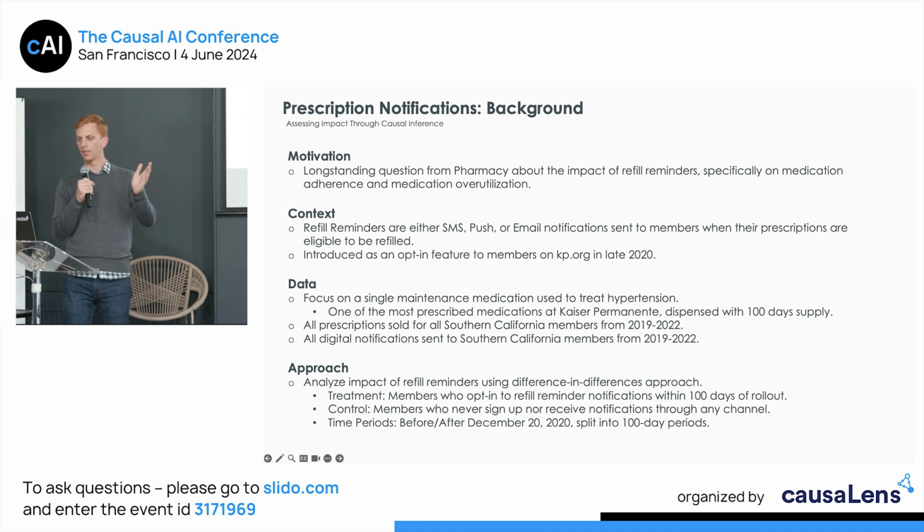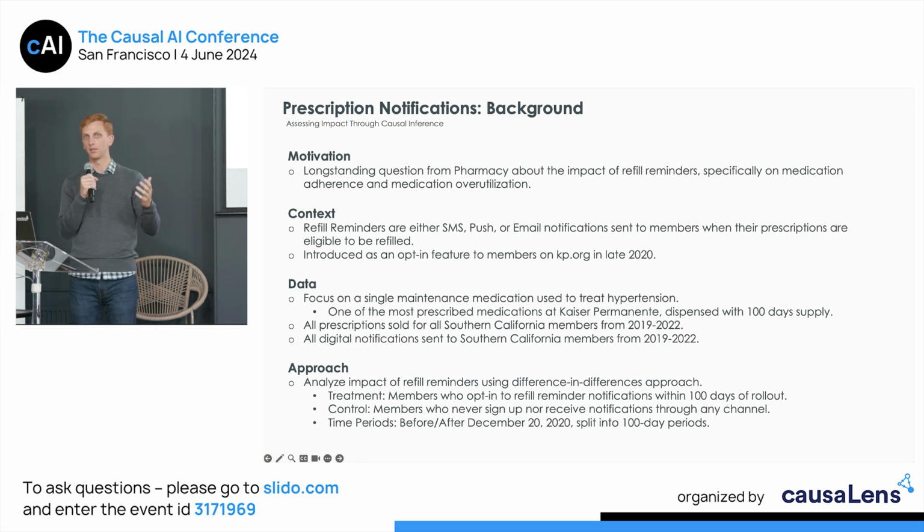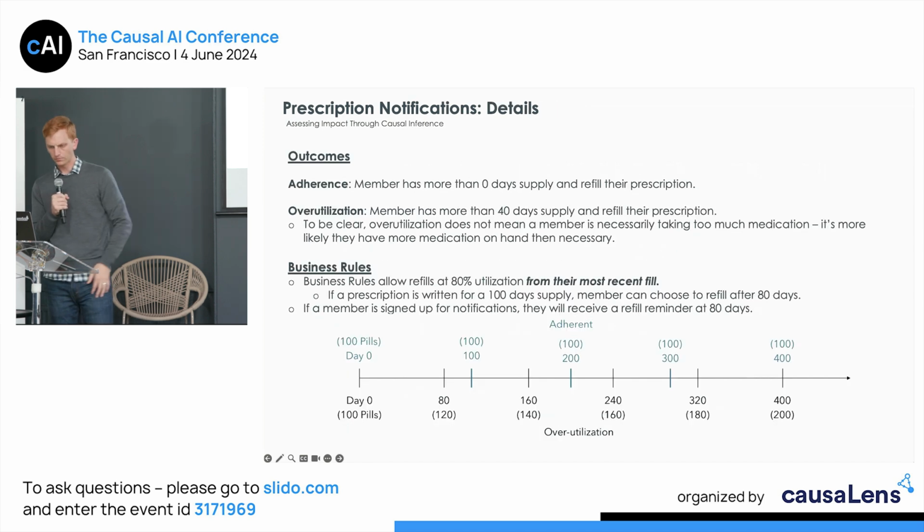The feature was released December 20 of 2020, so we're going to be splitting our time frame into 100-day periods, pre and post. One of the important parts of this feature is that it is opt-in, so members are choosing to enroll in these refill reminders.